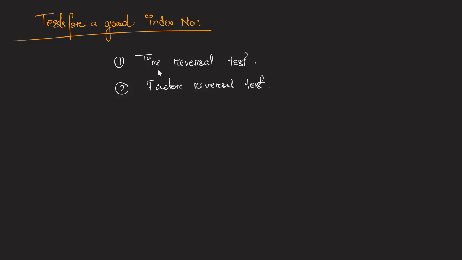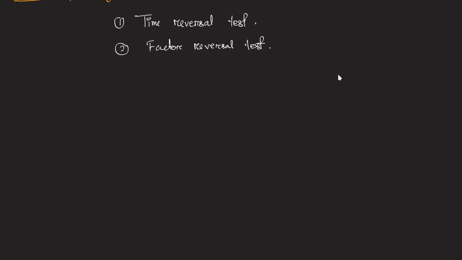So what is the time reversal test? If you interchange the base period and the current period and you still get the same result, let me give you an example. Suppose you get the price index for the base period compared to the current period, P01, a value. Then P10 should be 1 by P01.